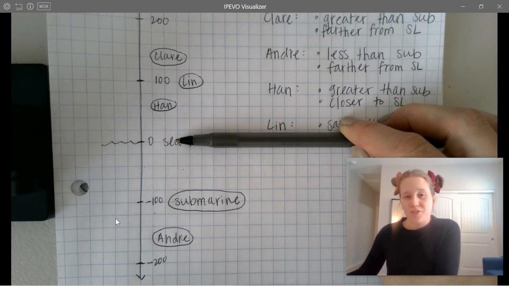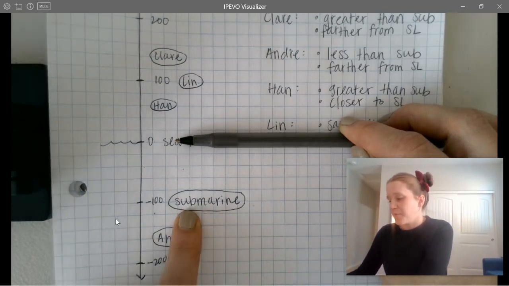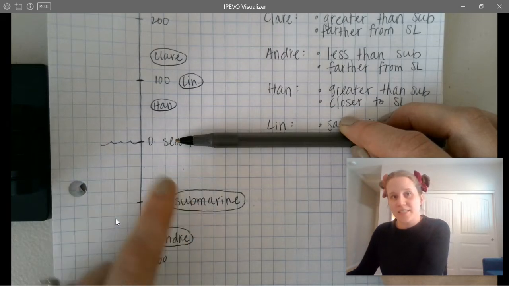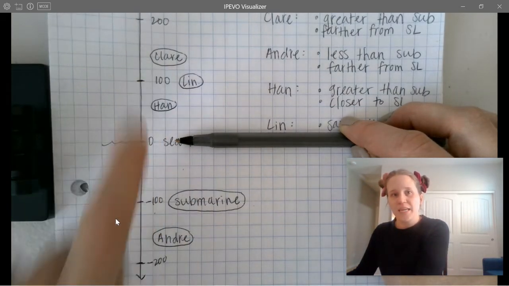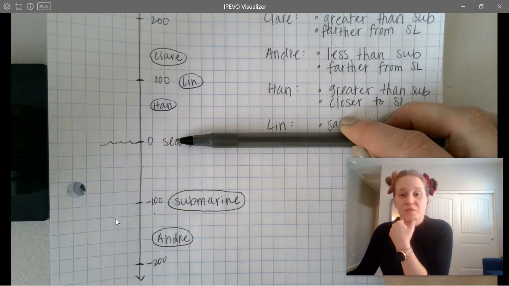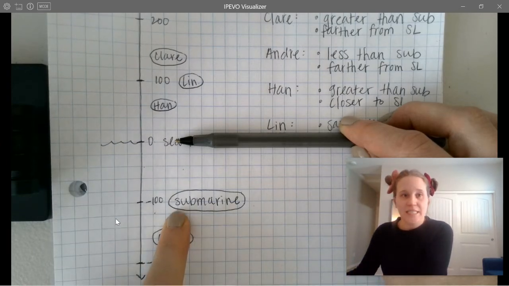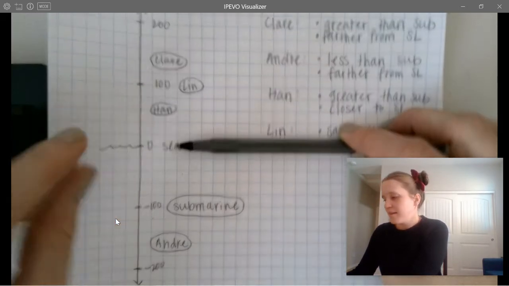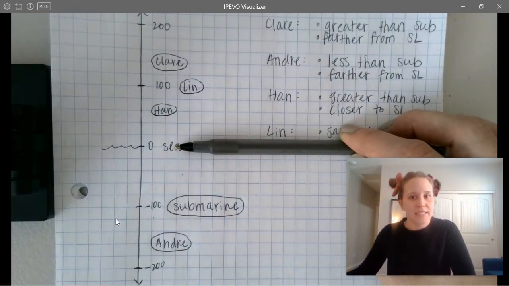Because of those observations, I can tell the submarine's elevation is less than Claire's elevation because it's below. And I can tell that the absolute value of the submarine is less than Claire's because the submarine is less far from 0 than Claire is.